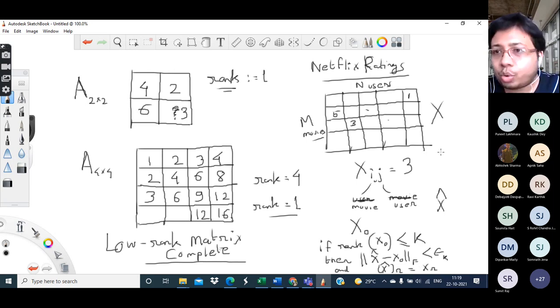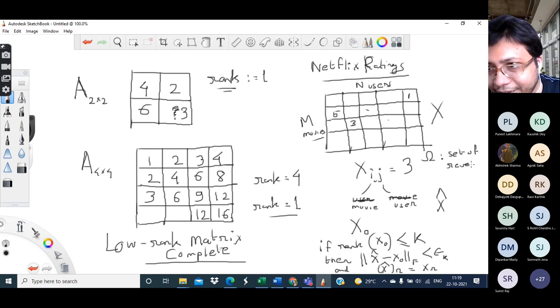What is omega? Omega is the set of revealed entries.